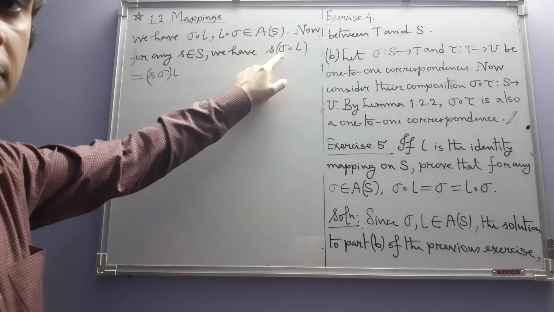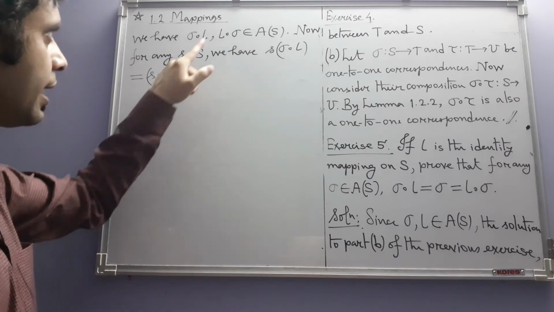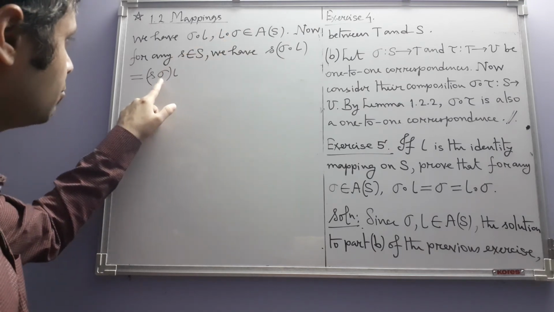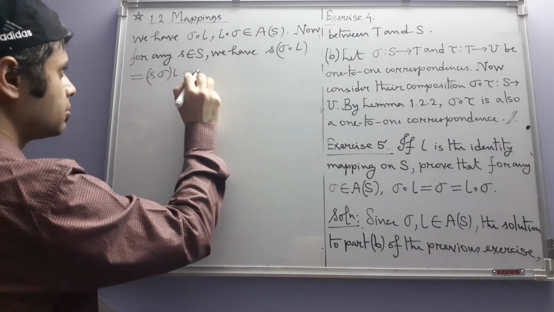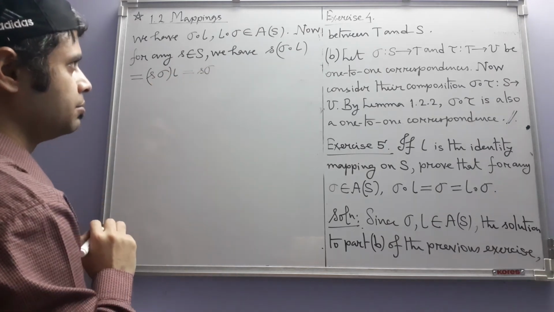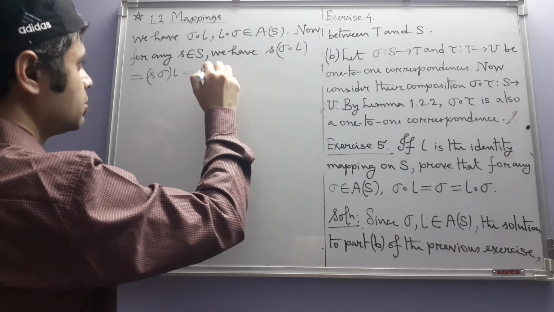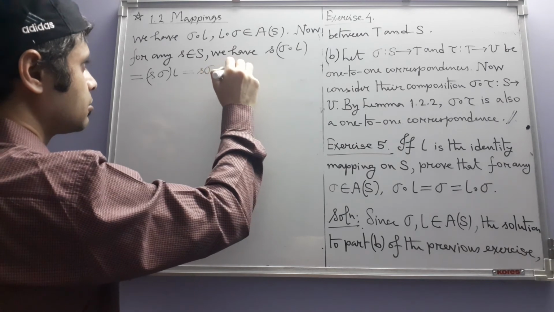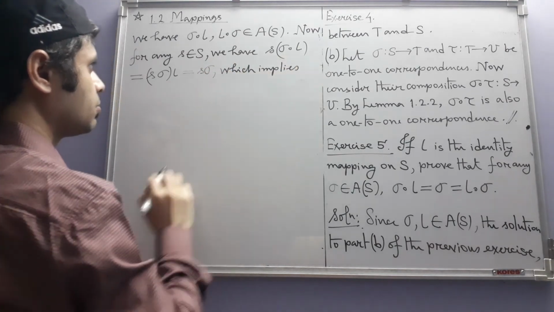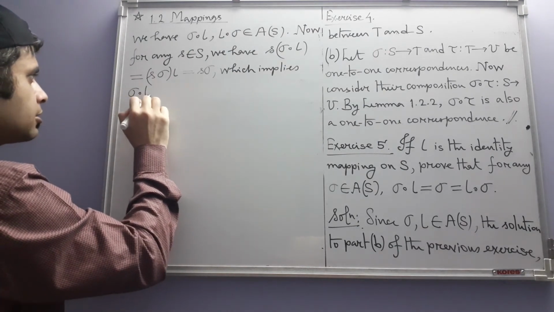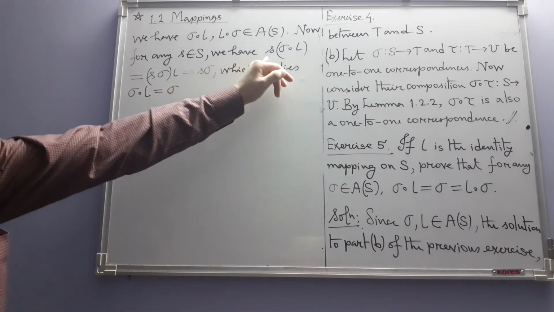Because sigma maps S onto itself, and iota is the identity map on S. So iota will not change s sigma. So this is equal to s sigma, which implies that as functions these two are equal because they have the same effect on S.